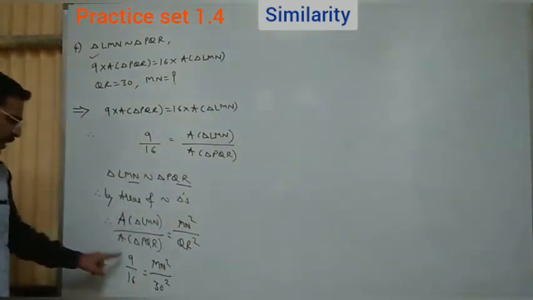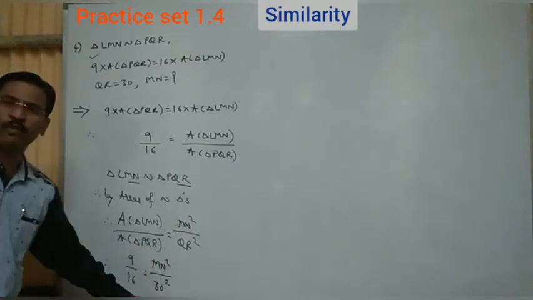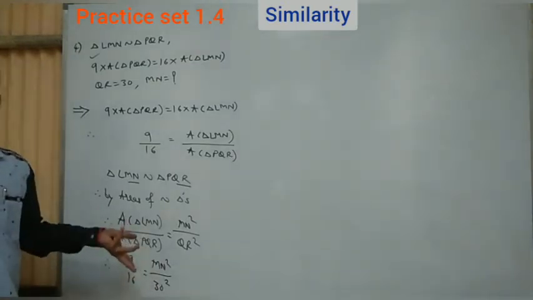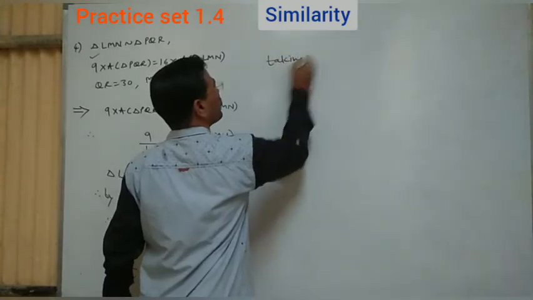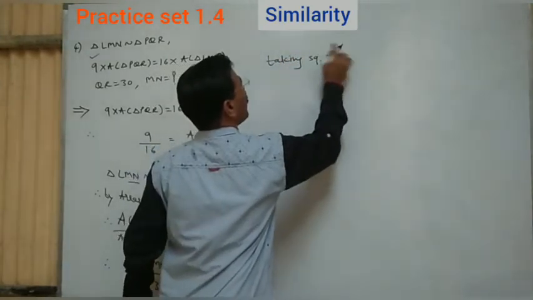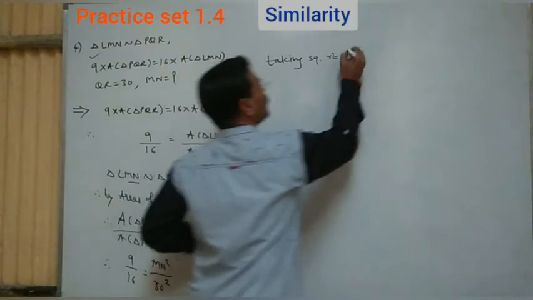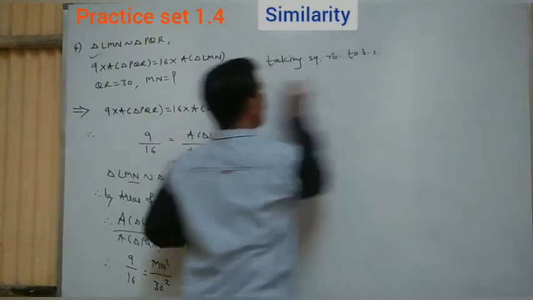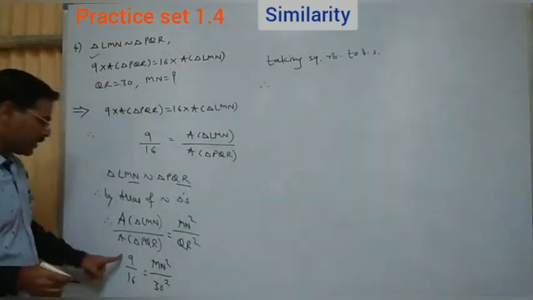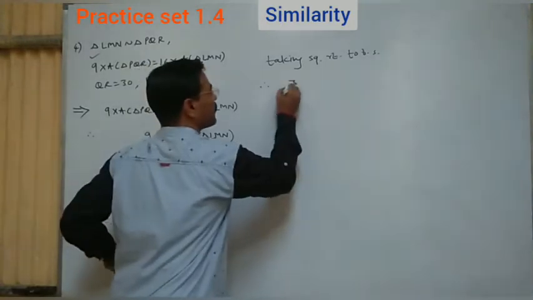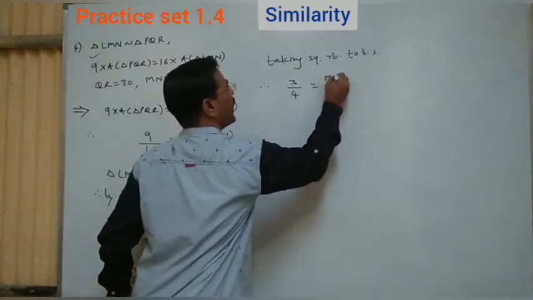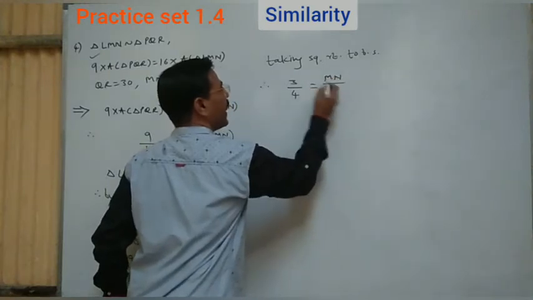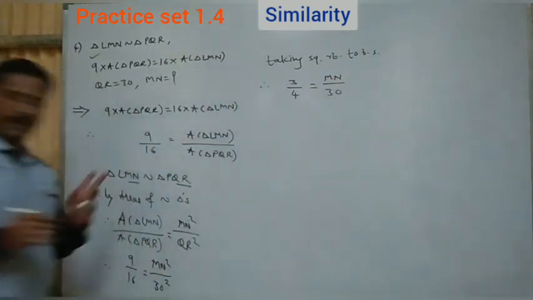Now just observing 9, 16, this side square. So taking square root to both sides. What will come here now? 9, that is 3. 16, which is 4. This side, just write MN, and here it is QR. Okay?